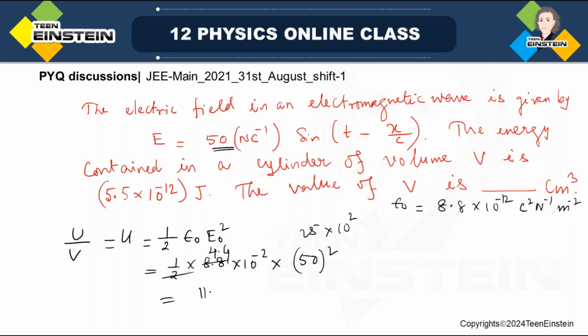This is 12, I'm sorry, so this becomes 10 to the power minus 10. This is joule per meter cube.